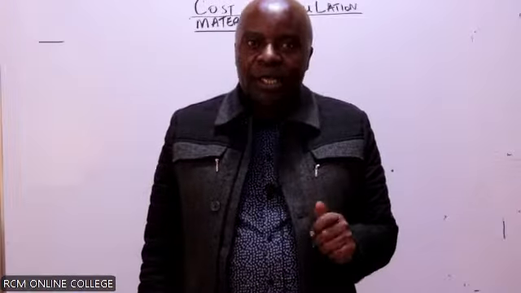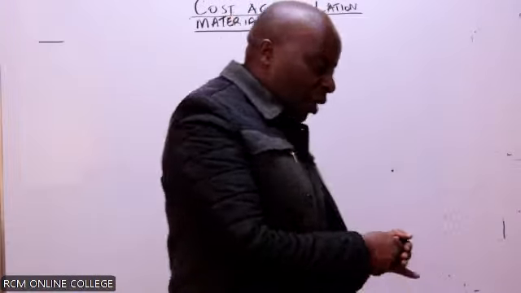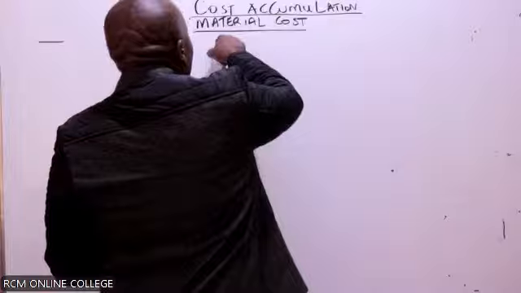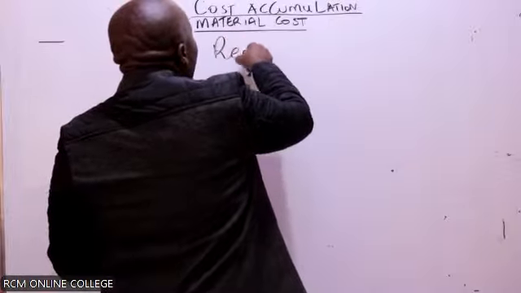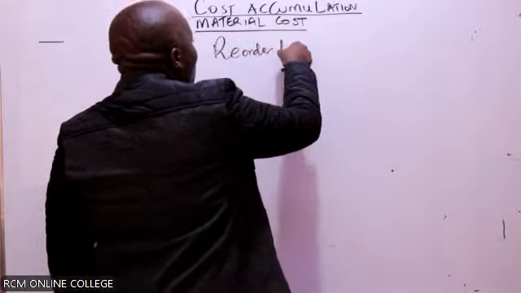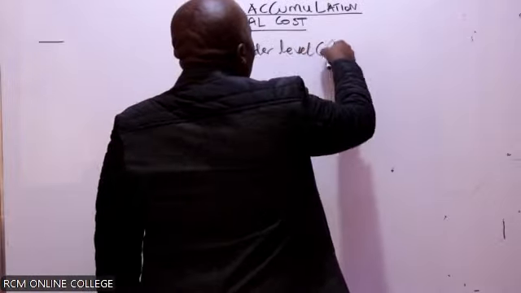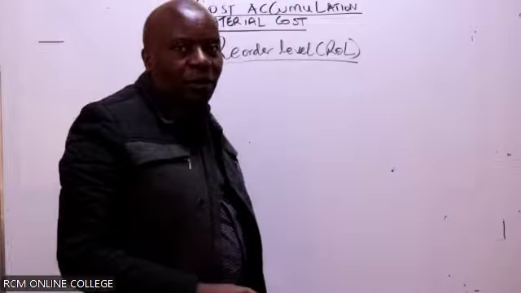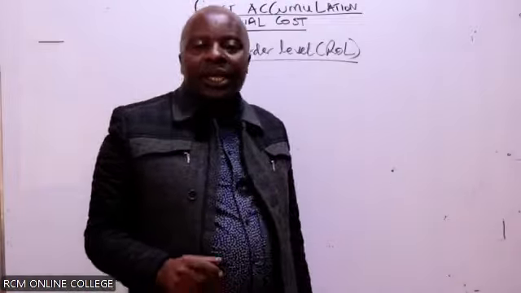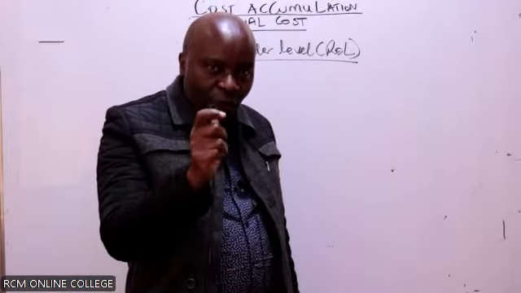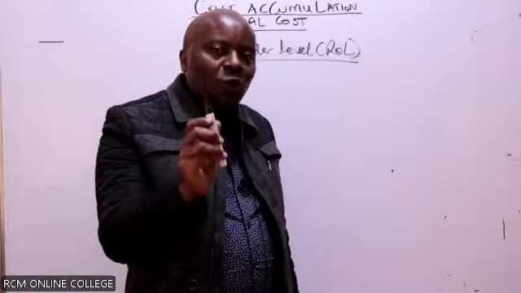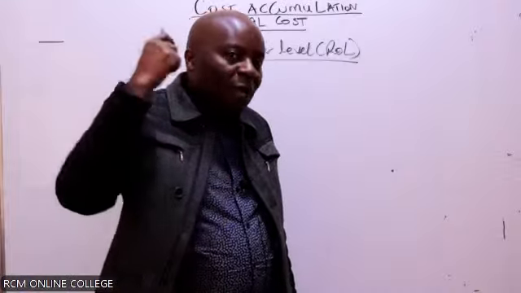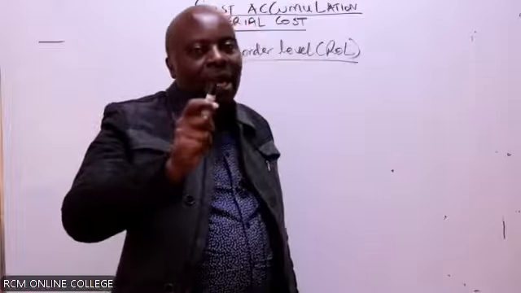Is there somebody who is able to remind us the formula of getting reorder level? How do we get reorder level? Reorder level, that we shall be abbreviating as ROL. So you remember, ladies and gentlemen, that reorder level is that exact level of stocks at which, once we reach it, we must pick our phone and call our suppliers.